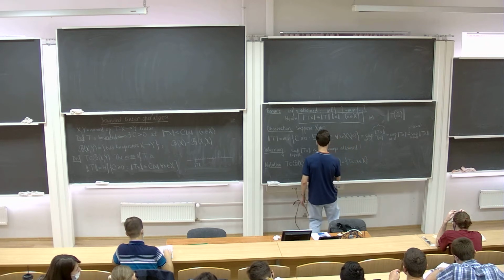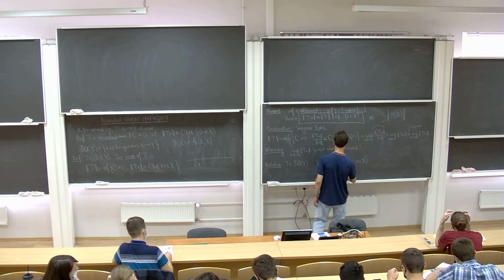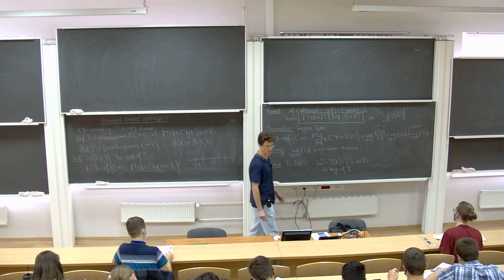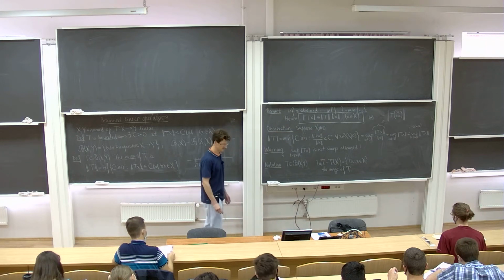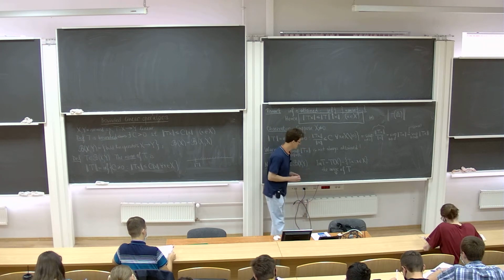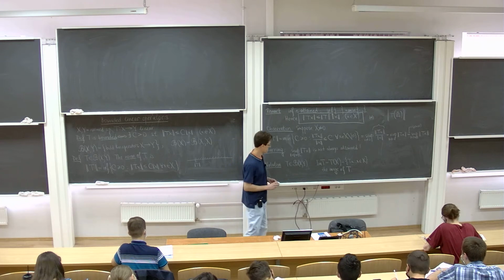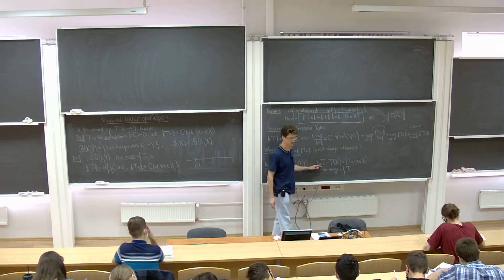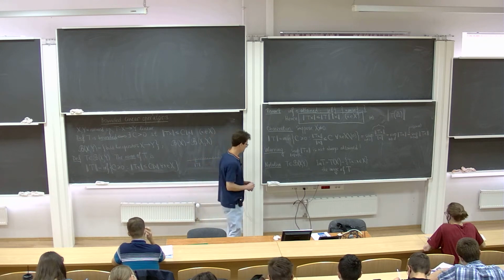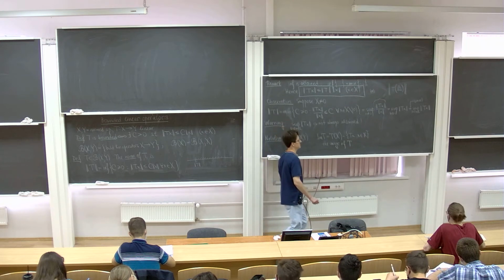For those of you who are familiar with the language of categories, I'd like to stress that this image is different from the category theoretic image. So the category theoretic image in the category of normed spaces is the closure of the set theoretic range. Well, anyway, for convenience, I'll stick to this notation. So by the image, I always mean the set theoretic image.